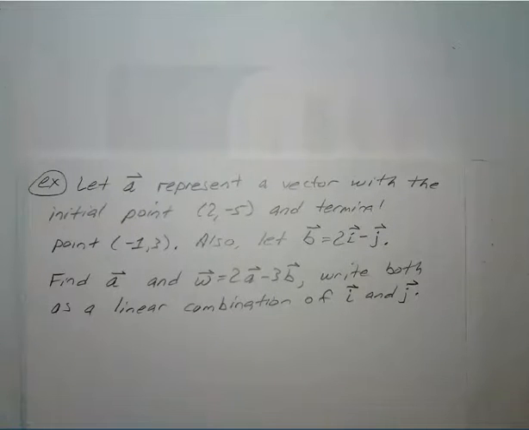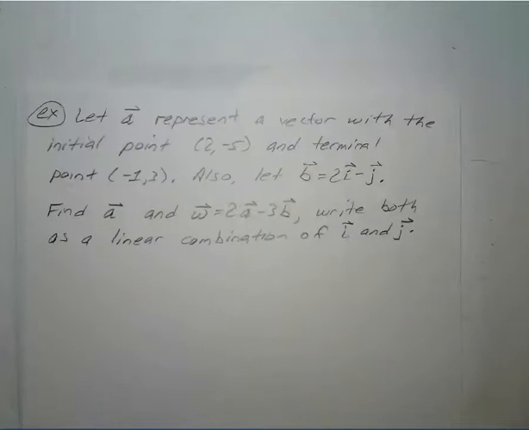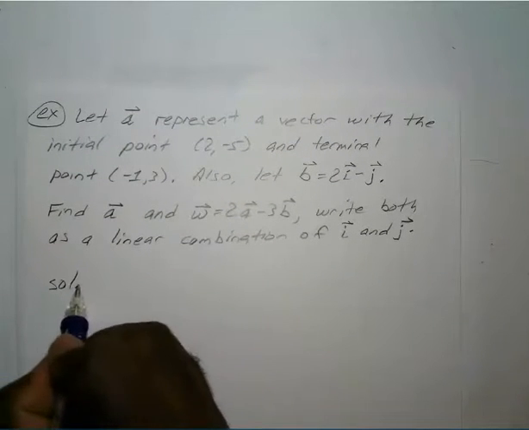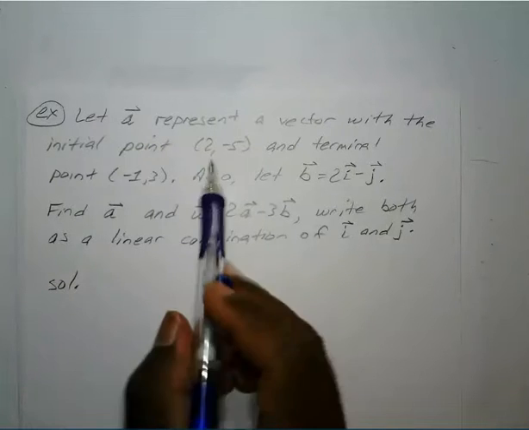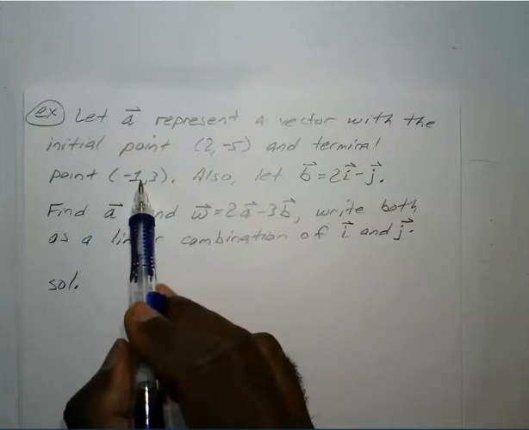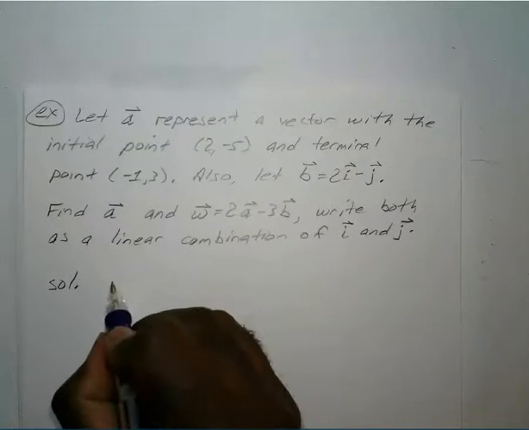All right. So let's go ahead and solve these. Okay. So if we have our 2 points, we have our initial point and terminal point.